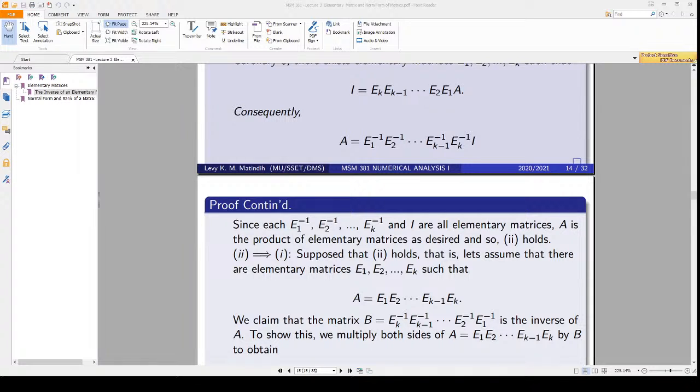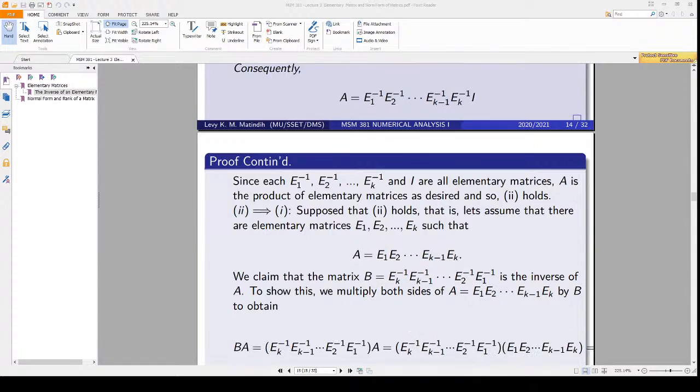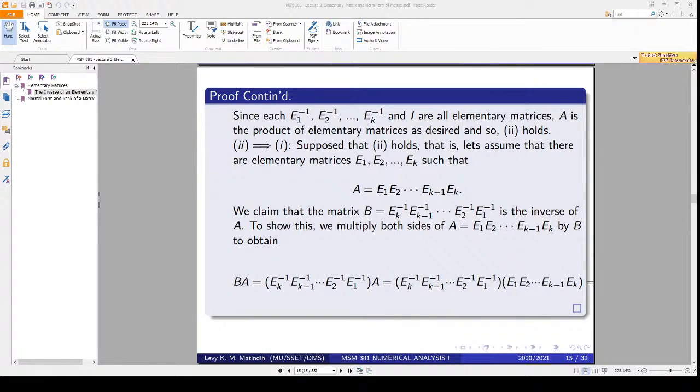So if B, the product of the inverses of these elementary matrices, is the inverse of A, then to show this, we multiply both sides of this product of elementary matrices by B. What we are going to get at the end of the day is the identity matrix here.